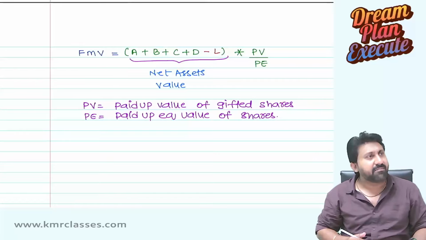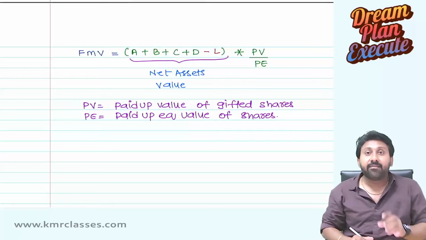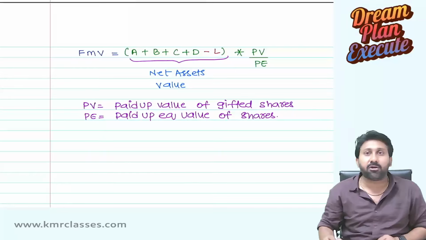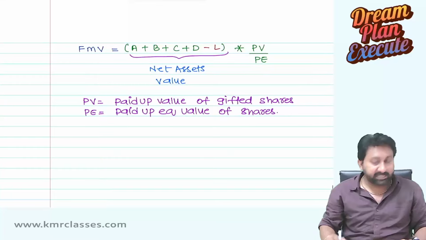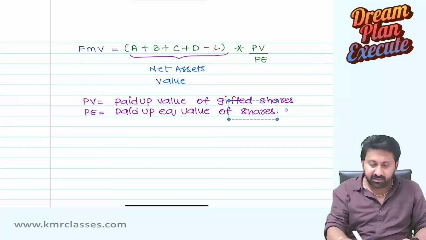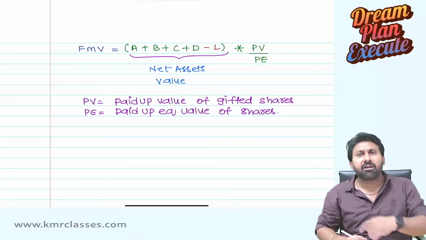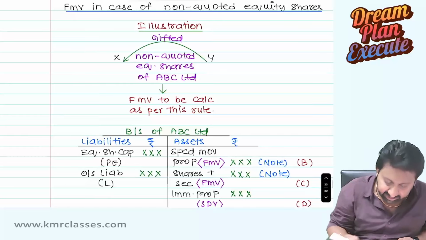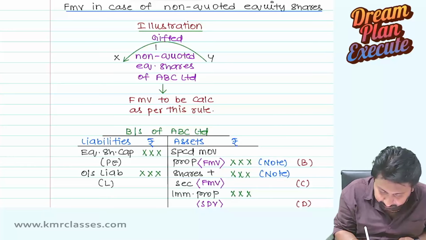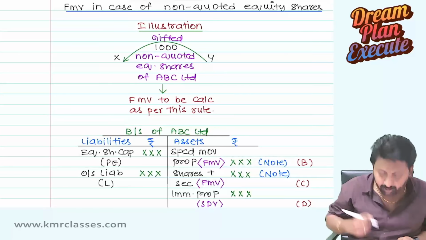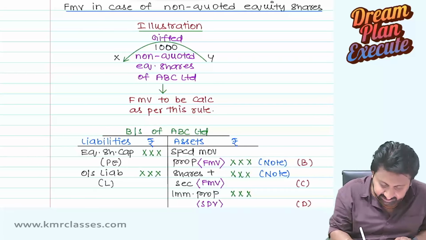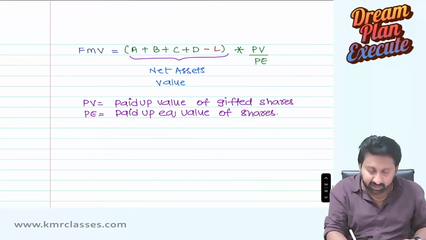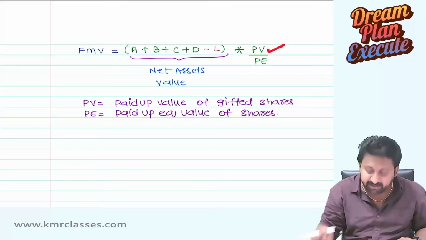What is PV by PE? PV means the paid up value of your gifted shares. What is this PE? Paid up equity value of the total shares. It means I did not gift everything. Let us say, for example, 1,000 non-quoted shares he has given as a gift. The paid up value of those 1,000 shares will come under the calculation of PV.